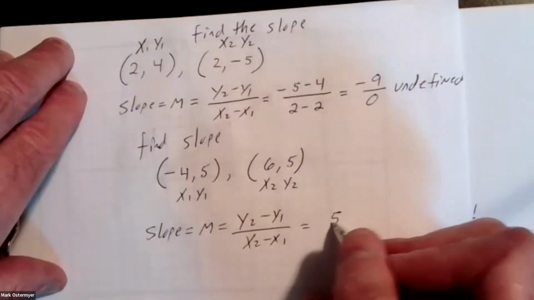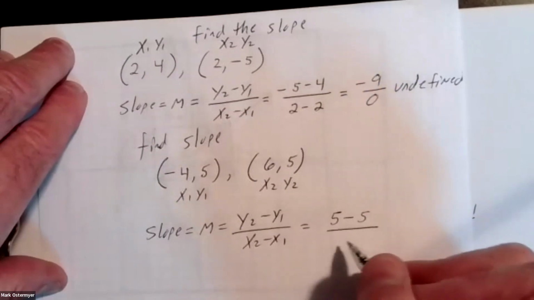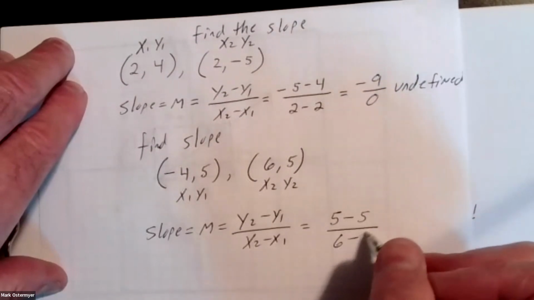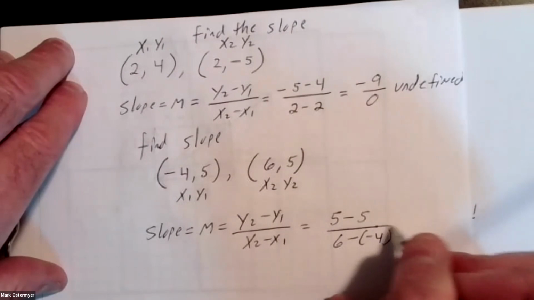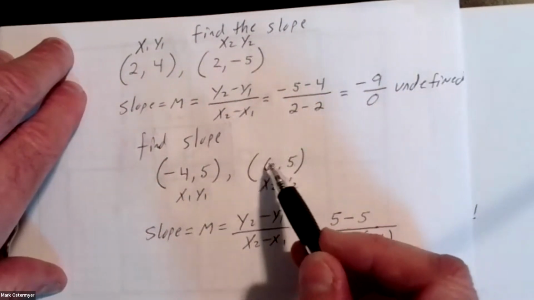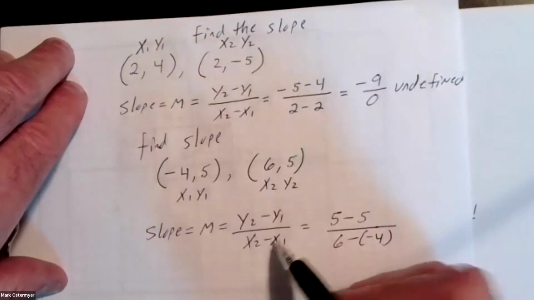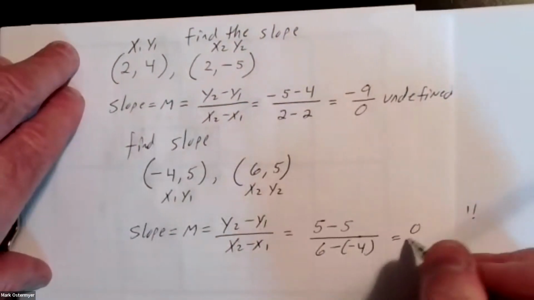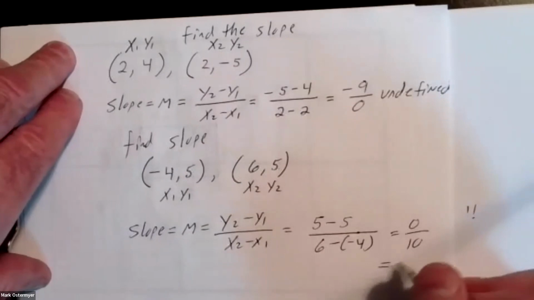So that's going to be 5 minus 5 over 6 minus a -4, which is going to be 0 over 10, and 0 divided by 10 is 0.